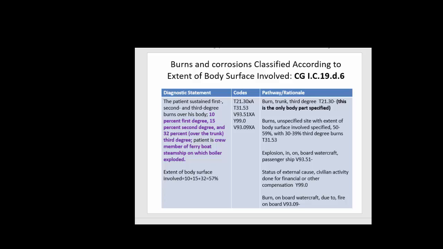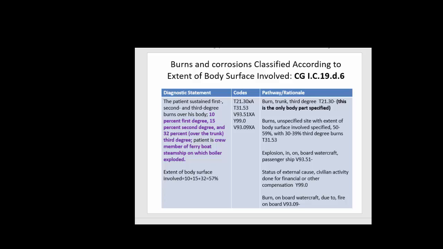Whenever you see a physician giving you the extent of the body surface involved, and you're going to be looking for codes that help you code that diagnostic statement, first thing you're going to do is add up these body surface areas that he or she has given you: 10% first degree, 15% second degree, 32% third degree. 10 plus 15 plus 32 gives you 57%. 57% of this patient's body has some type of burn.